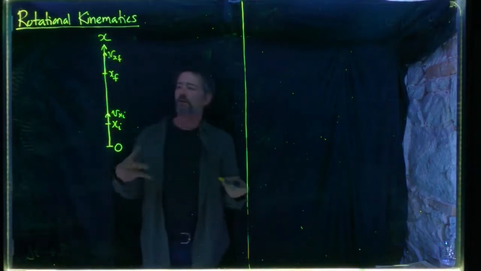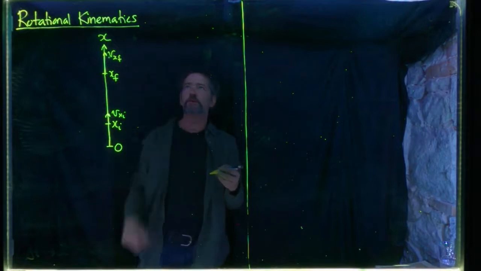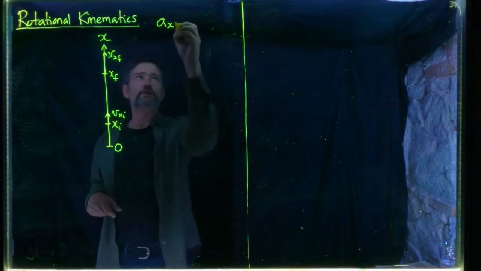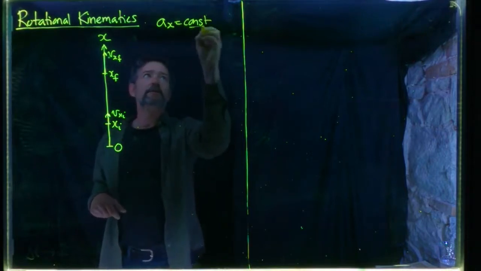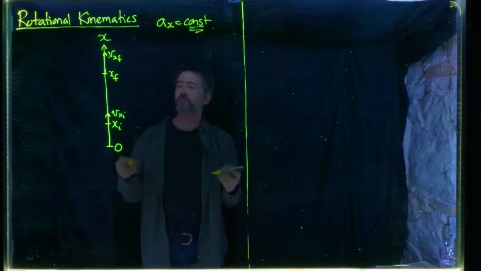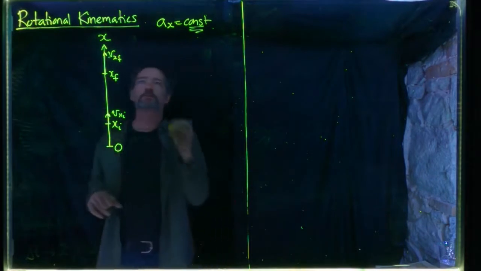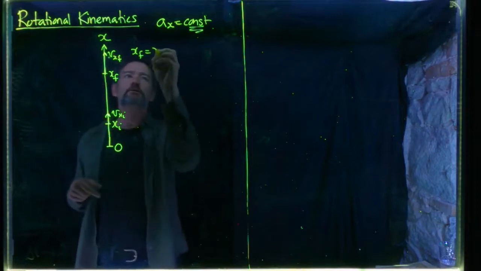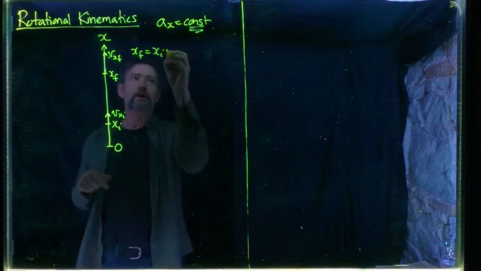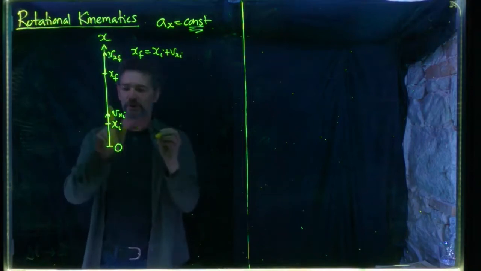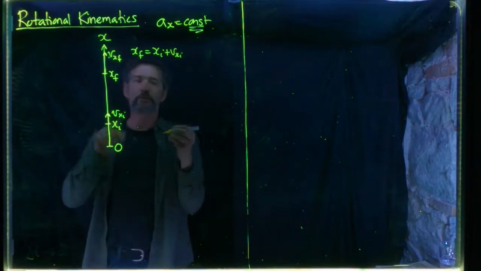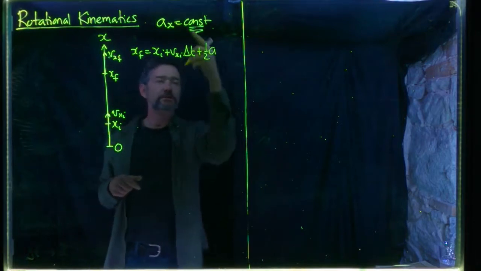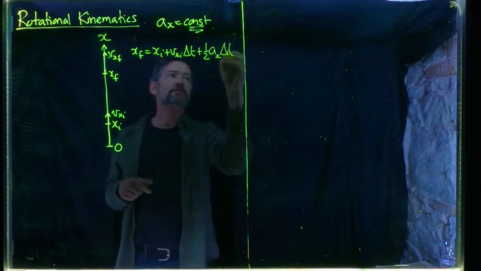So what are the relationships between these quantities and the acceleration? In the very special case that the acceleration in the x direction is constant, we have a relationship between these quantities, and you'll all remember this formula. x final, the final position of the object, is equal to x initial, the initial position, plus vx initial, the initial velocity, times the time interval, plus 1/2 the constant acceleration in the x direction times delta t squared.